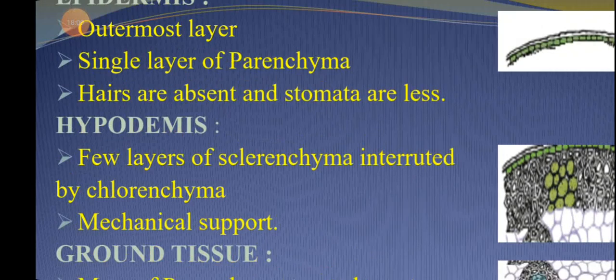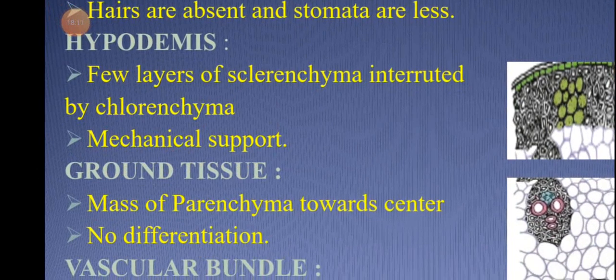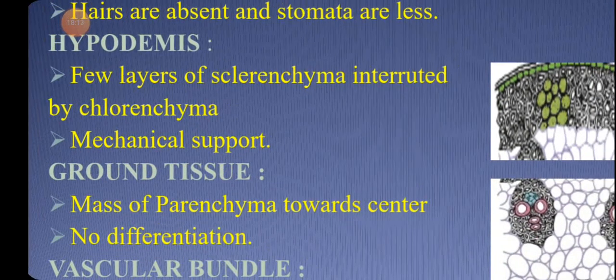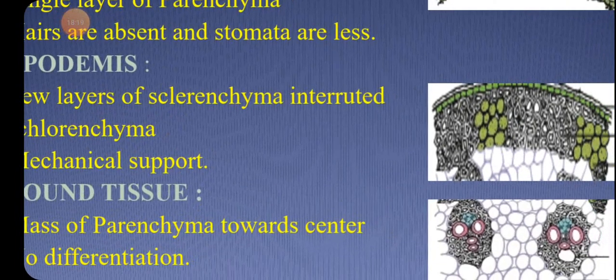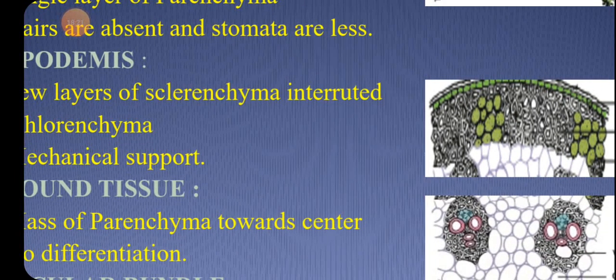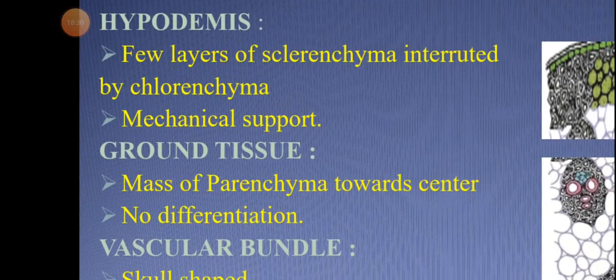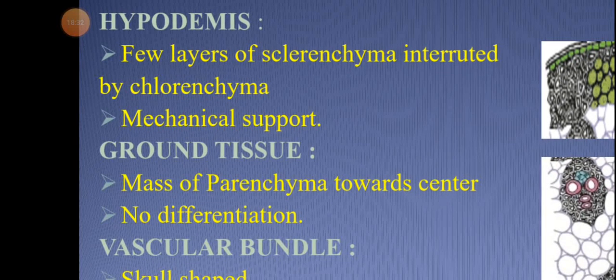Okay, then after the epidermis, the hypodermis. See, below the outer epidermis, a few layers of black colored sclerenchyma cells are present. That is interrupted by green colored chlorenchyma cells. Already we saw sclerenchyma and chlorenchyma.